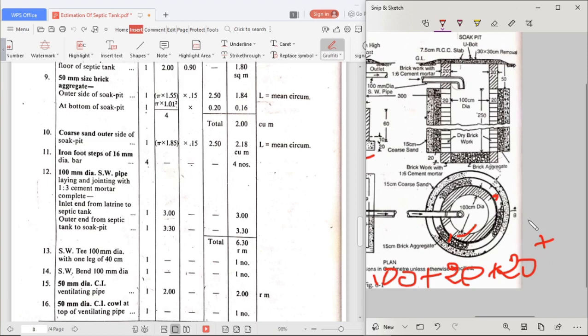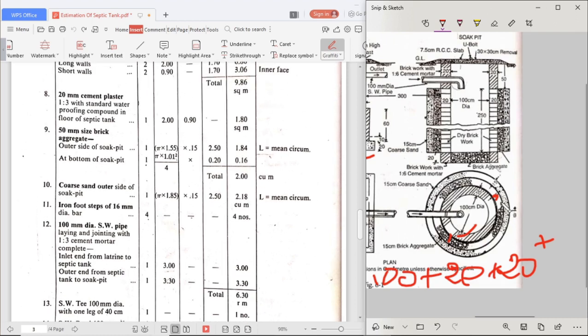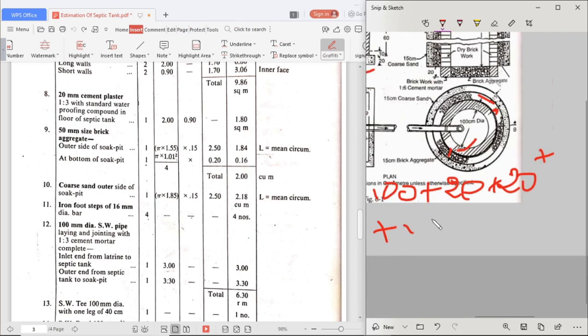So this is the 50 size brickwork. 100 plus 20 plus 20. Then we have to take half of this, 15 by 2 plus 15 by 2, which is 7.5 plus 7.5, or you can just take 15.